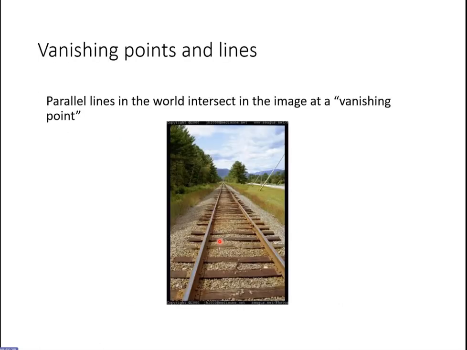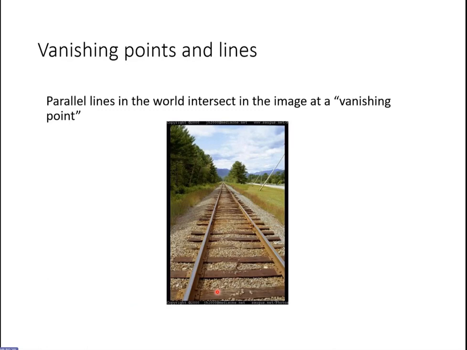For example, this is the term vanishing point. In this image, the vanishing point is here. You see one rail and another rail, they gradually converge at a point. So that is the vanishing point.